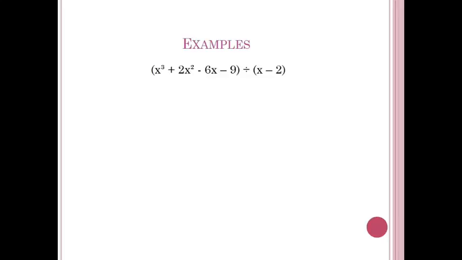So here we've got x cubed plus 6x squared plus 2x squared minus 6x minus 9 divided by x minus 2. The tricky part here is what we divide by. You remember your factor when you did your roots?